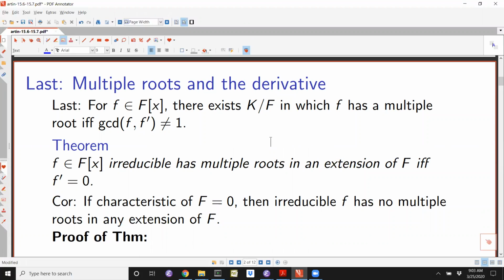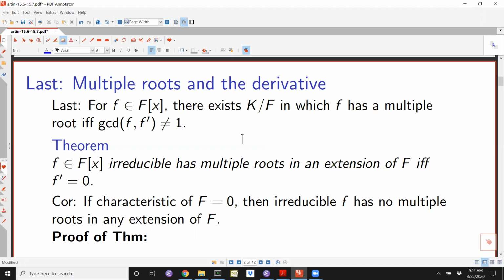So last time we were talking about multiple roots and the derivative. Remember, the derivative of a polynomial with coefficients in an arbitrary field is defined just totally calculus one style. To take the derivative of a monomial, you move the exponent down front and subtract one from the exponent. Just totally formally defined.